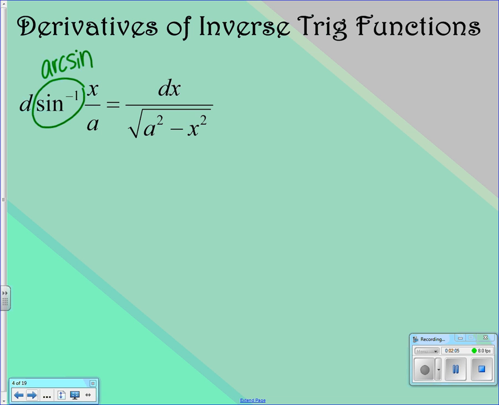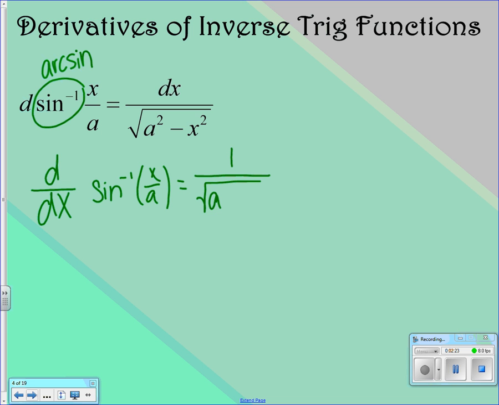But the sine inverse of x over a equals your dx over the square root of a squared minus x squared. Now they may write it like this. The derivative of sine inverse of x over a is just 1 over the square root of a squared minus x squared. So you may see it written like that. Y'all need to go ahead and write that one down for your notes.